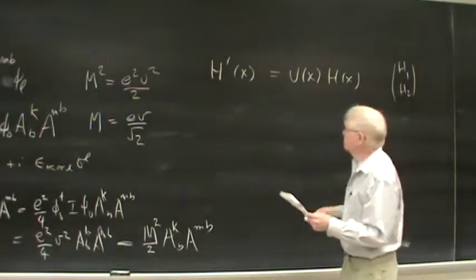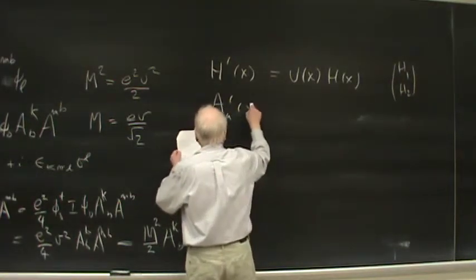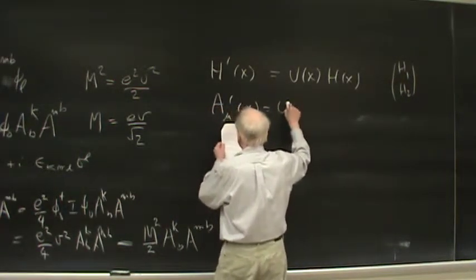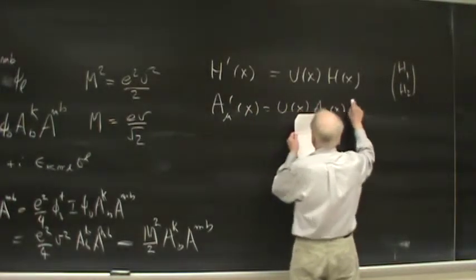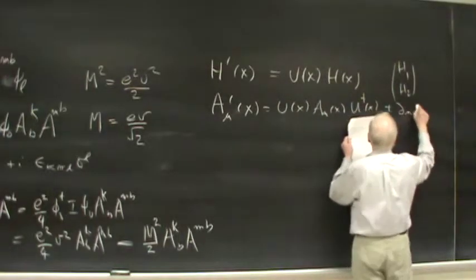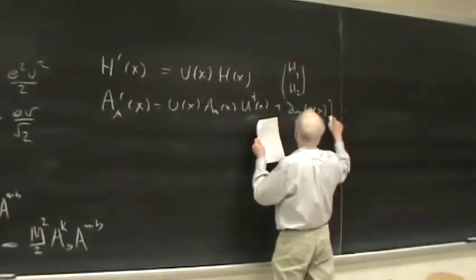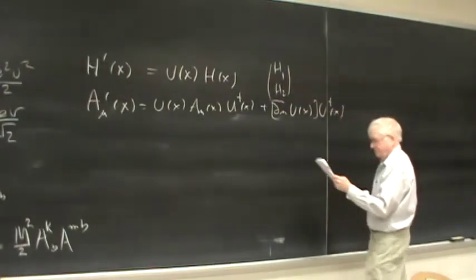But the gauge structure is different. Now we have A mu prime is U(x) A mu(x) U adjoint(x) plus d mu U(x) U adjoint(x).